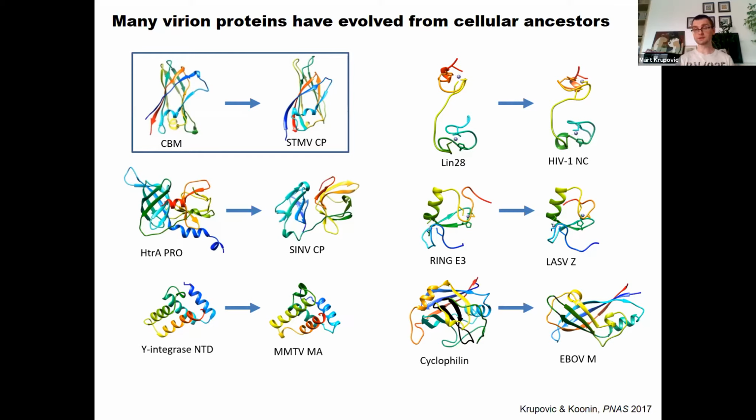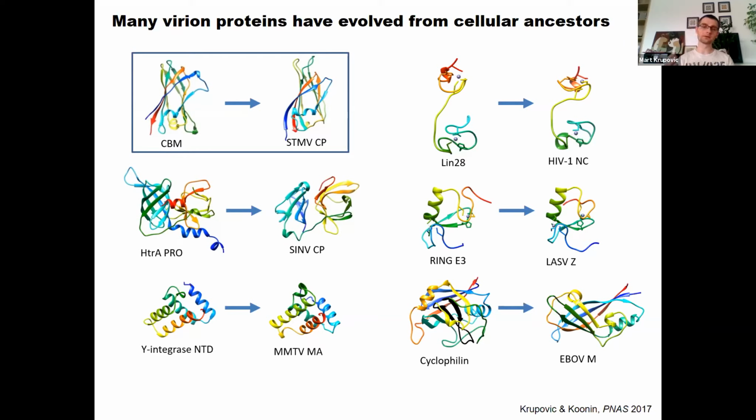But what is quite striking is that this fold is even more widespread in cellular organisms, in bacteria, archaea, and eukaryotes, where these proteins, having the exact same folding, are functionally diverse. Here you see the carbohydrate binding module, which is responsible for binding to sugars and present in all three domains of life.